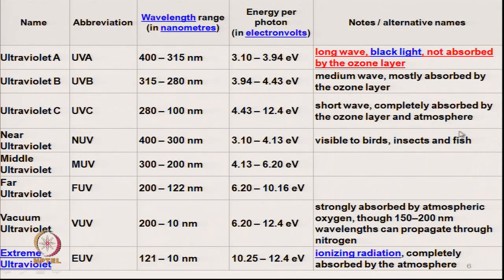Nearly 100% of this UVC or UVD get absorbed by the ozone layer in the atmosphere.